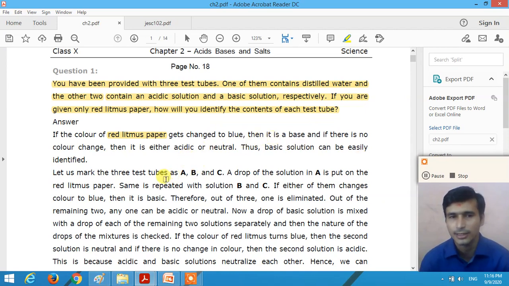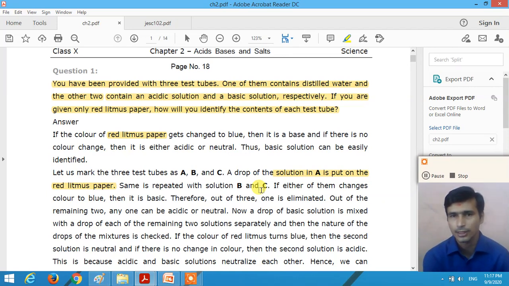Let us mark the test tubes A, B and C. A drop of the solution in A is put on the red litmus paper. Same is repeated with B and C, right? Now in all these three test tubes, three different solutions are given to you.